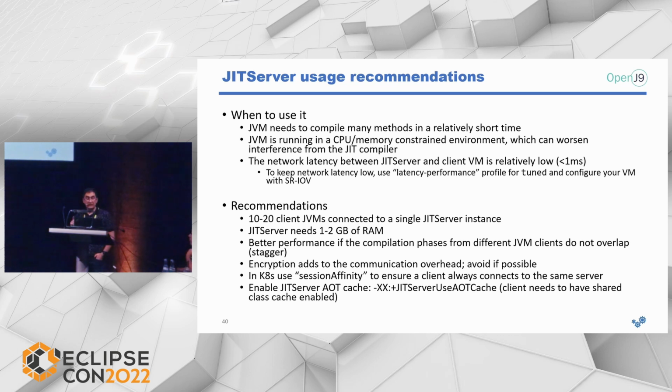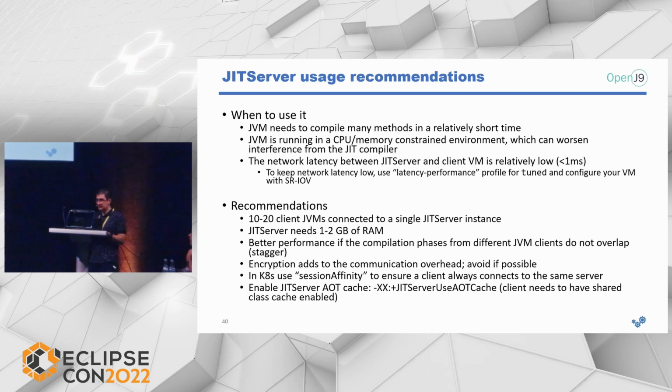An important point, in Kubernetes, you must use session affinity in order to keep a client connected to the same server. If you let the client switch to another server, then you cannot take advantage of the caches that the server has built inside, so you may lose some performance. And finally, if you want to improve CPU utilization across the entire cluster, you could use this optional mechanism, which is called JITServer AOT cache.